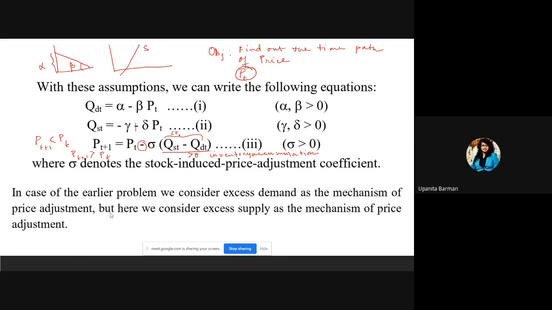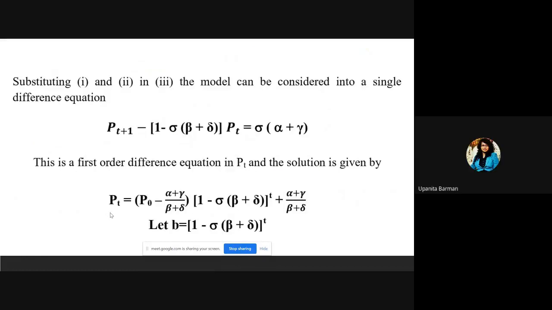Ma'am, got it. Yes, ma'am. Got it? Yes, ma'am. You got this equation?